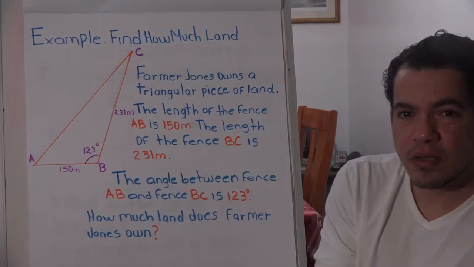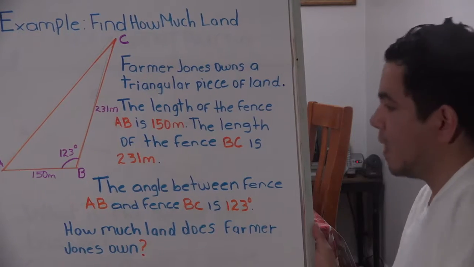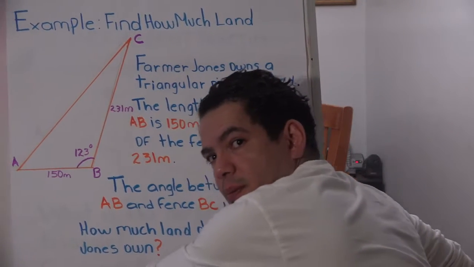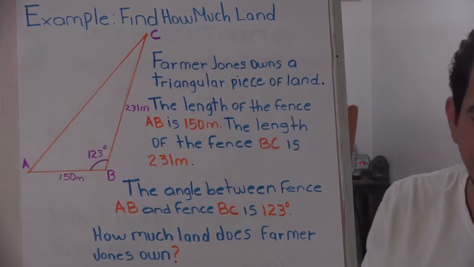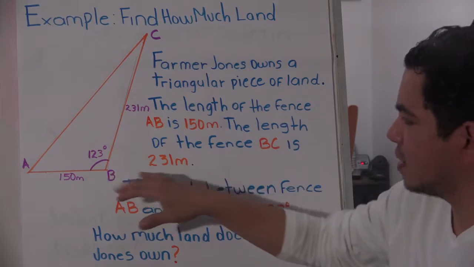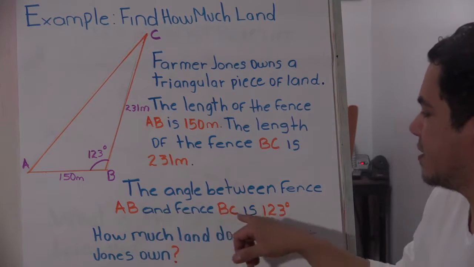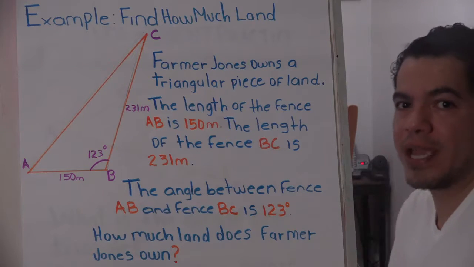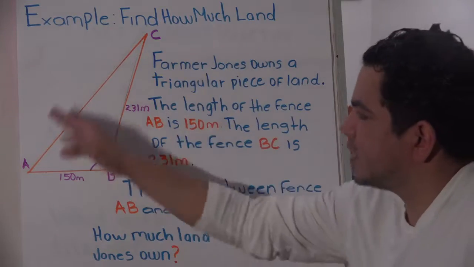We need a little closer. Okay, like that, better. So the length of the fence BC is 231 meters. The angle between the fence AB and the fence BC is 123. So right away we have enough information to find the area of this.